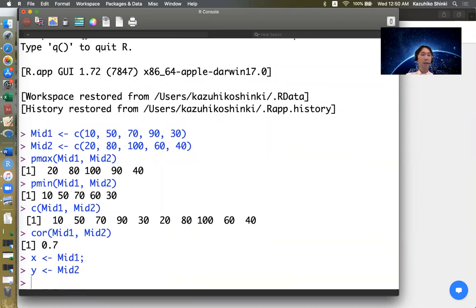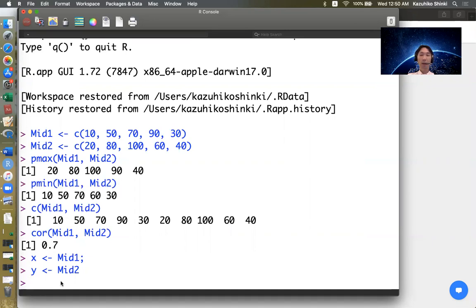The semicolon ends the line. Actually, even if we don't put this, the result is the same. But if you want to put two commands in one line, you have to put the semicolon in between the two different commands. Okay, so x and y.